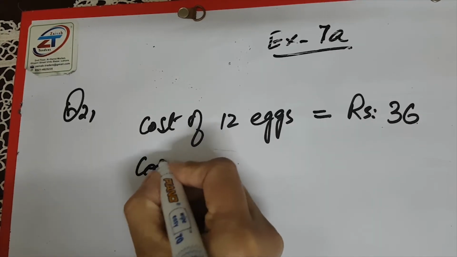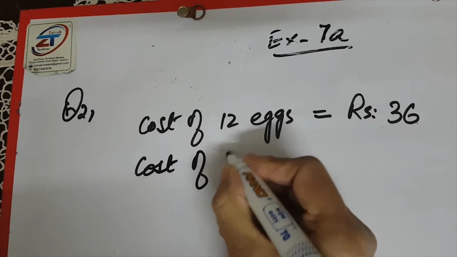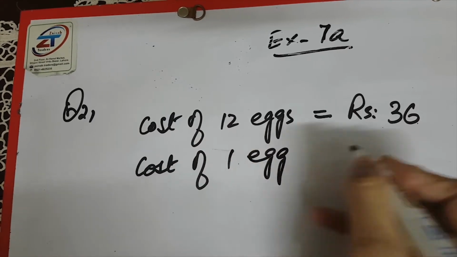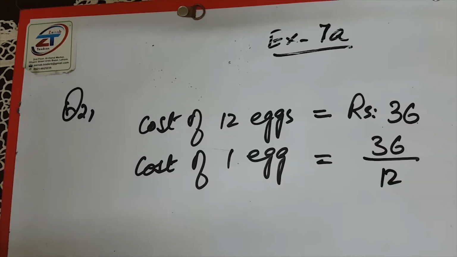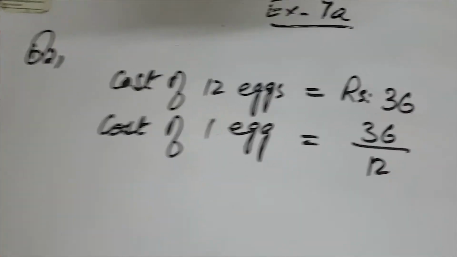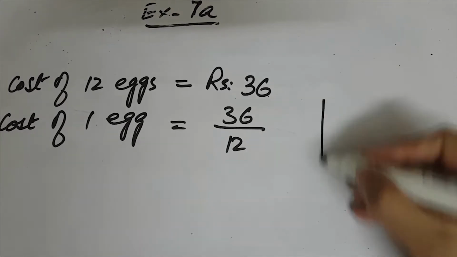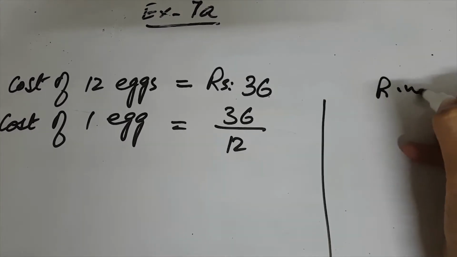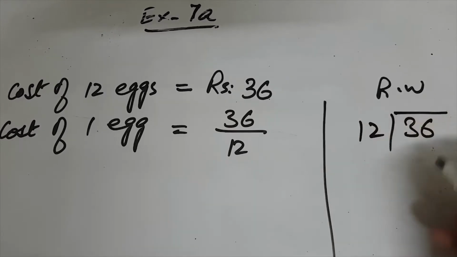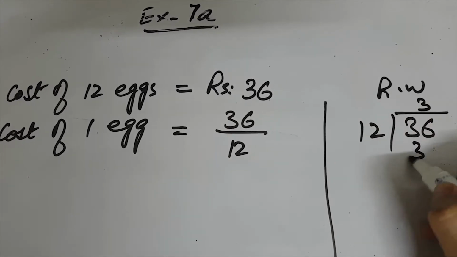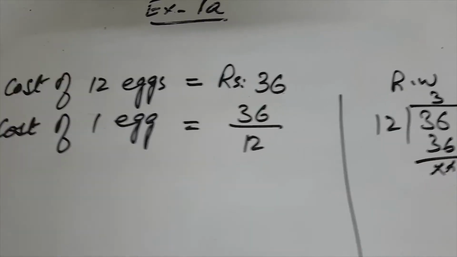Now the cost for 1 unit, or cost of 1 egg, is determined like this: you will divide 36 by 12 and you will get the cost of 1 egg. So make a rough work and do this division and get the cost of 1.